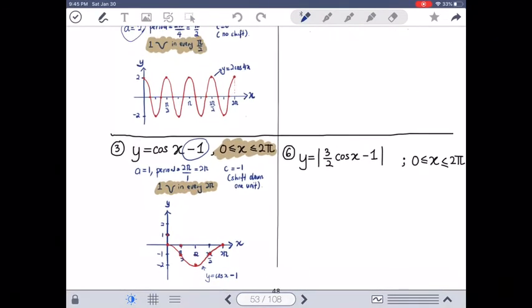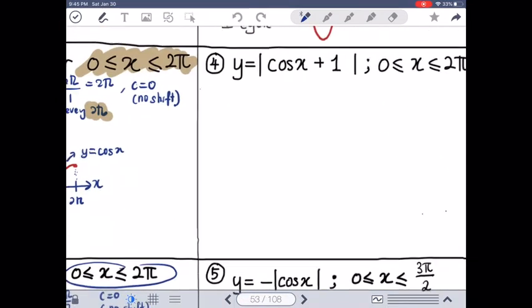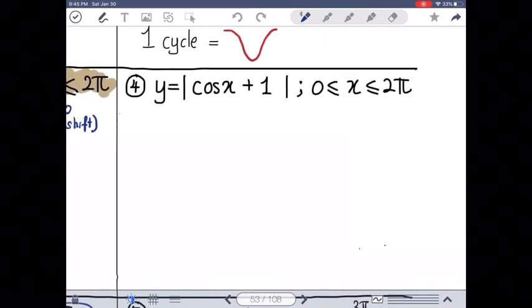Next, we move to the next example, the third one. So again, when we're dealing with modulus or any sort of combination, if we're dealing with modulus, it means that any negative part of the graph needs to be shifted to the positive side.